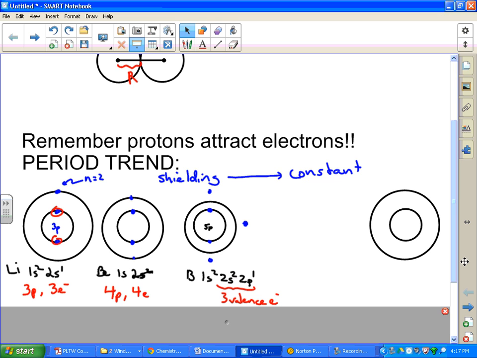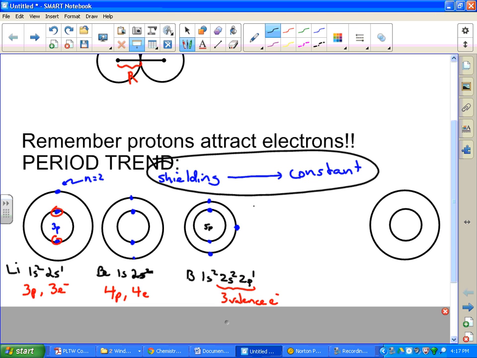And this is the period trend. Move this guy over here, this guy over here, and this guy over here. So that's the period trend. As you go from the left side to the right side, shielding remains constant, but nuclear charge increases.